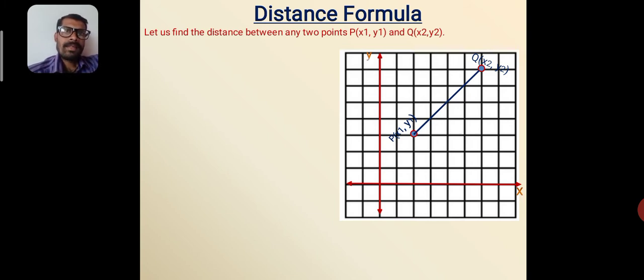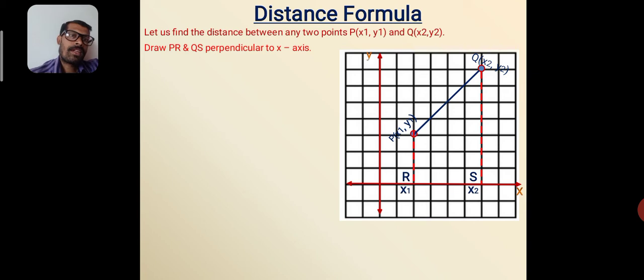For that, draw PR and QS perpendicular to the x-axis. Point R represents x1 and point S represents x2 here. The difference between x1 and x2 is x2 minus x1, because x2 is greater than x1. That's why the length of RS is x2 minus x1.